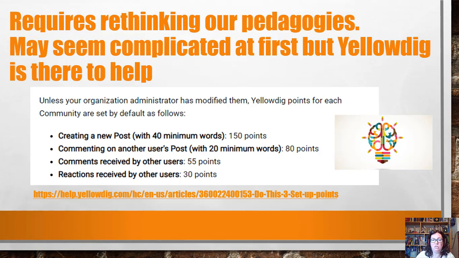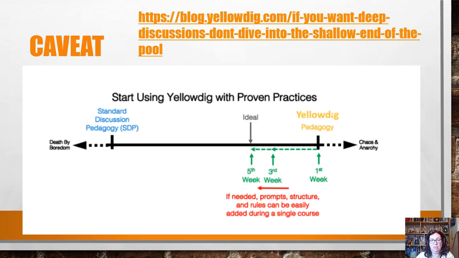So I think these strategies are very effective, and I have some of their data and some of their blogs, right? And so those standard discussion pedagogy forums that I was describing are kind of on the left side of this continuum. Now, this is their chart, but it works. It accomplishes what I need. It's not super exciting. My students don't love it, right?